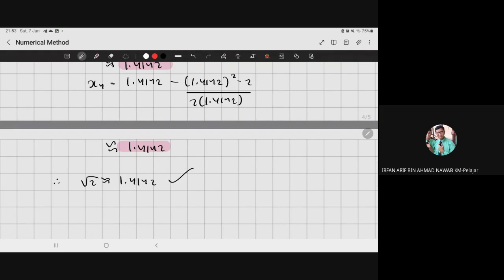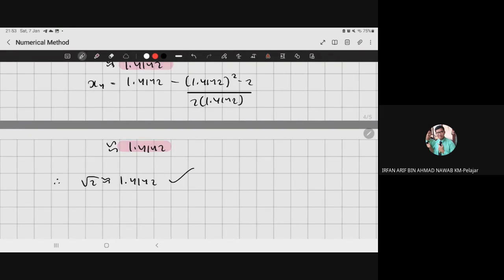Ta-da! You already approximated an irrational number, the square root of 2, one of the famous irrational numbers in the mathematical world. That's another way they will ask you to apply the Newton-Raphson method.